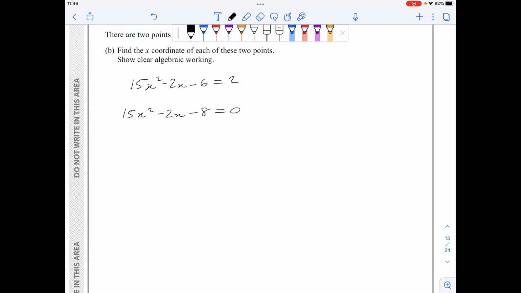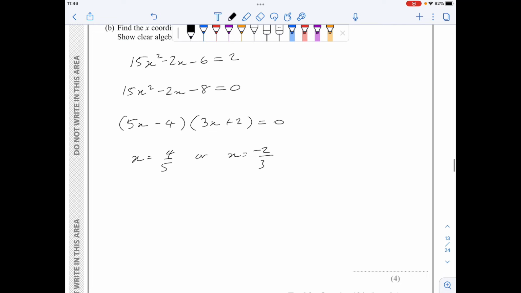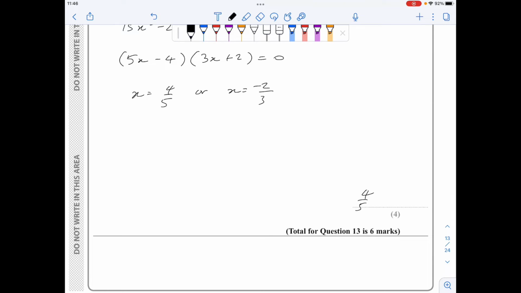I'll try with factorization. 5x minus 4 is the first bracket. 3x plus 2 is the second one. Now you can use any other method here. x comes out to be 4 over 5 from the first bracket, or x is minus 2 over 3 from the second. And these are the two x values which are required.